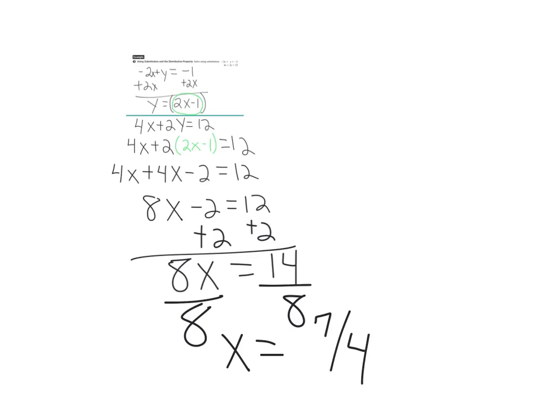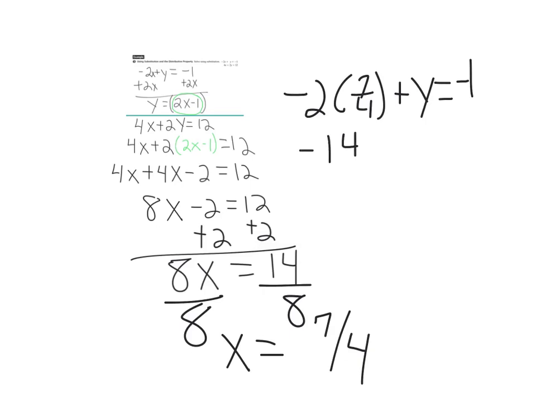So now that I found what x equals, I can go back and plug in 7/4 into either equation and find the y value, okay? I'm just going to plug that into the first equation. So I have negative 2 times 7/4 plus y equals negative 1. And when I multiply, I get negative 14/4 plus y equals negative 1.